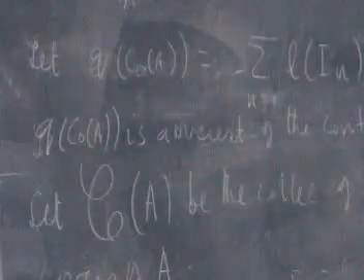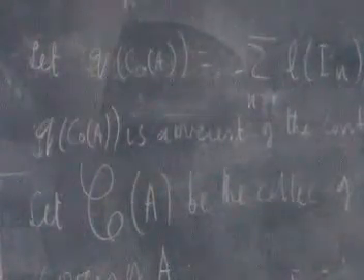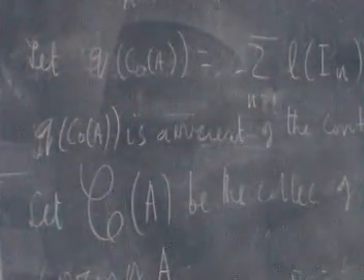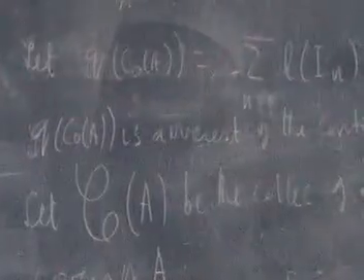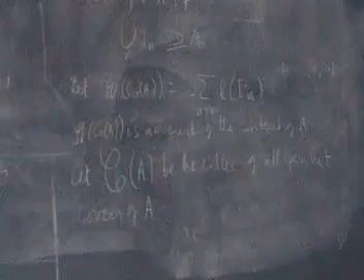So for each C naught A which belongs to CA, where CA is the collection of open interval covers, this is one open interval cover. Q C naught A gives an overestimate of content.